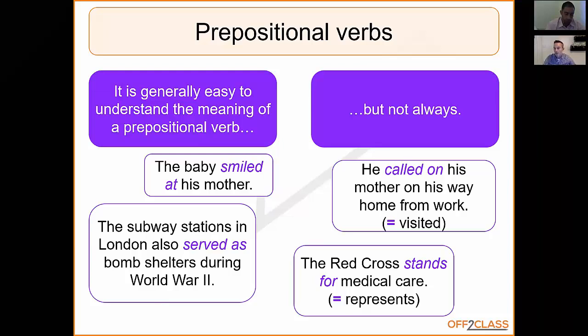To always comes almost at the end of that verb. And so I find that this group is really interesting for students because it will be the first time they really start to encounter these mistakes that they've been making: to look at, to smile at, to listen to rather.